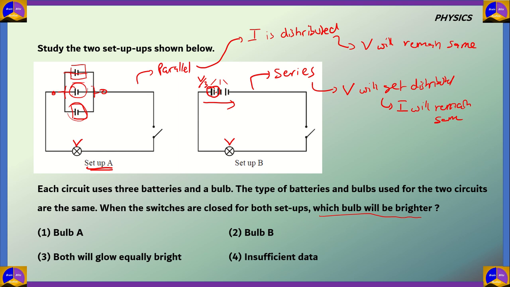However, in setup A, the voltage received by one bulb will be V, because the voltage remains same in parallel. So, since V is bigger than V by 3, this bulb in the parallel setup will glow brighter than the bulb in the series. And so bulb A would be the correct answer. In here, bulb A represents the bulb of setup A.